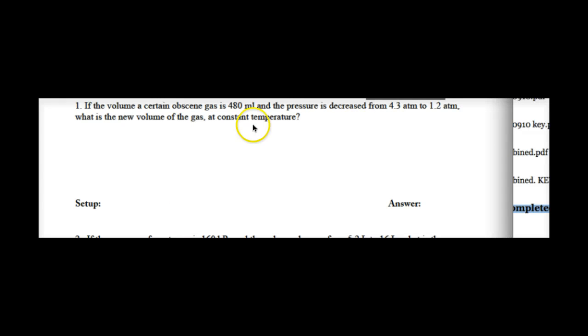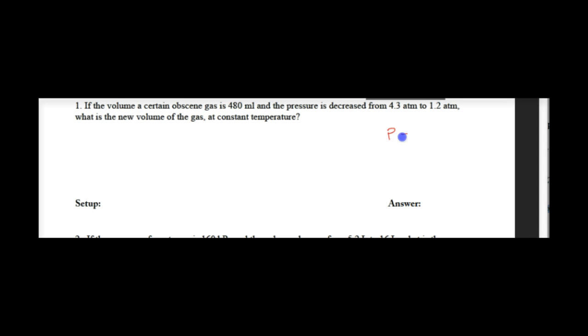Hello. So before we start a problem utilizing the ideas that we've learned, I do need to point something out to you. We just established that volume equals 1 over the pressure times the constant.